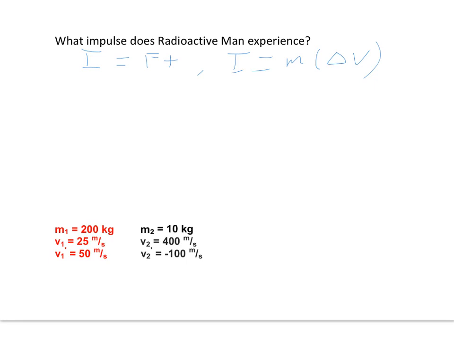Since we're talking about radioactive man, these get the subscript 1. If I expand this out, remember the general format: when we use that delta, the little triangle for change in, it's always going to be final minus initial. So it says vf minus vi. Radioactive man has a mass of 200 kilograms.